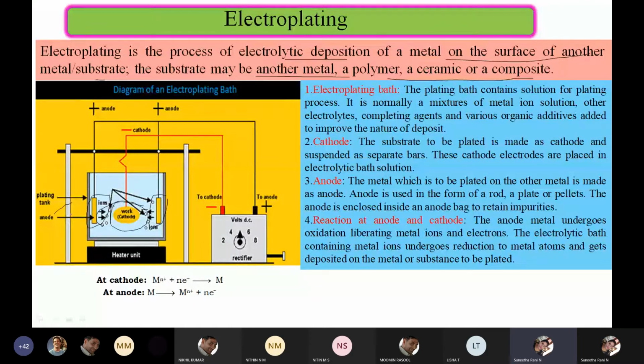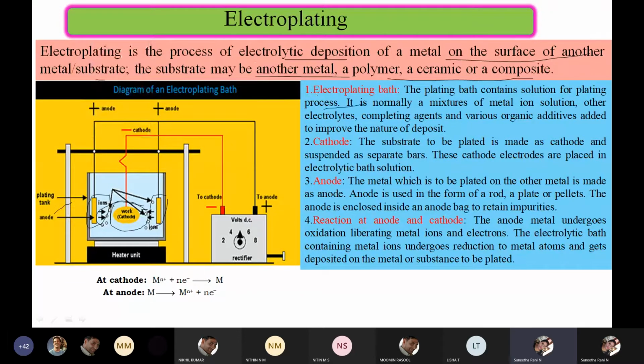So how does this electrolytic bath solution have to be fixed? This electrolytic bath is a plating bath. Usually a plating bath contains a solution for the plating process. It is normally mixed with the metal solution and other electrolytes. Usually it contains a metallic solution. Electrolyte means what? It contains a metal solution, right?